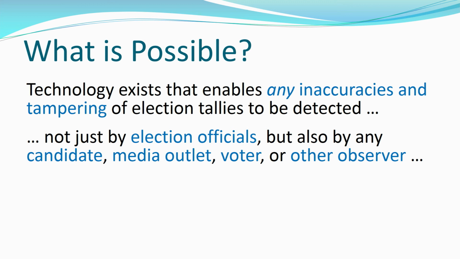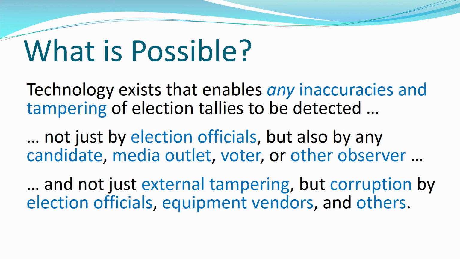Anybody can themselves, without aid, detect an anomaly. And the anomaly is not just an external anomaly that we're worried about, not just an FSB attack, but you can detect internal tampering, tampering by election officials or equipment vendors who may have made a mistake or, again, be malicious, or the equipment itself. Any kind of tampering can be detected.